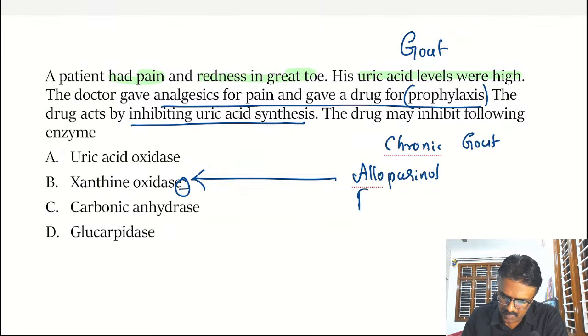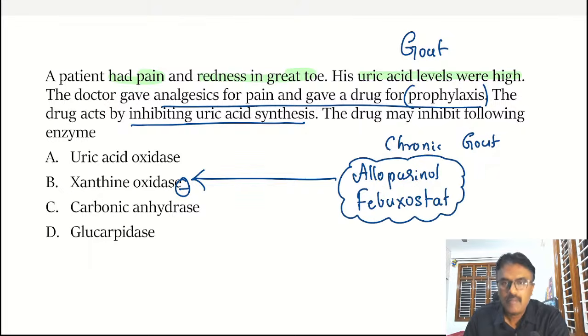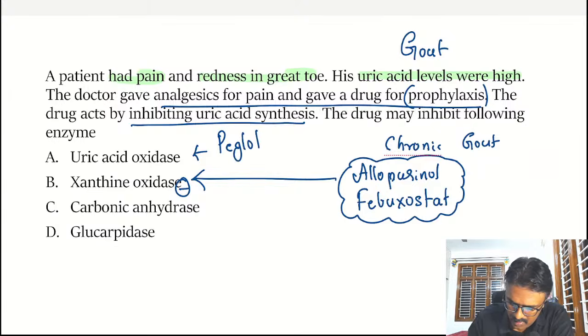One more drug which inhibits that is febuxostat. See, gout is a small topic, but mark my words, every year the exam questions come from gout. Now, uric acid oxidase we don't have, but we have the enzyme called pegloticase, which is also given in chronic gout.